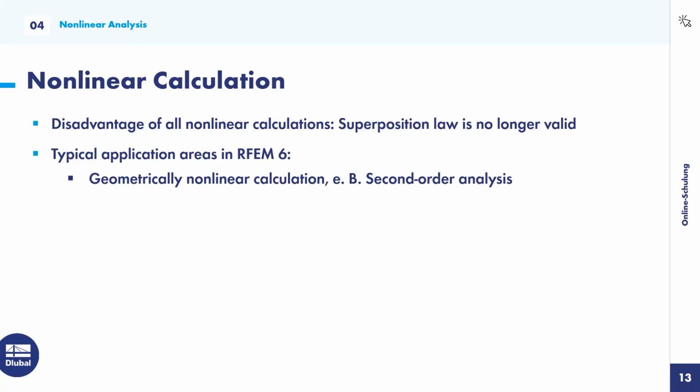Now, a geometrically nonlinear calculation includes p-delta effects, it's the second order analysis. That means we will apply a loading to the system, it will deform, and then we will again investigate the deformed system under the loading.